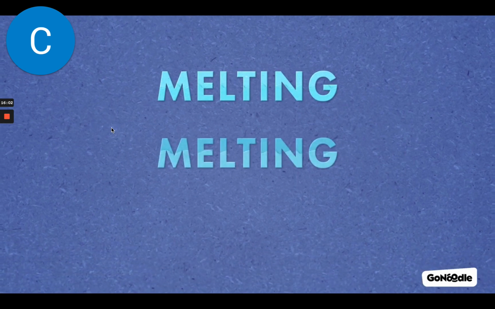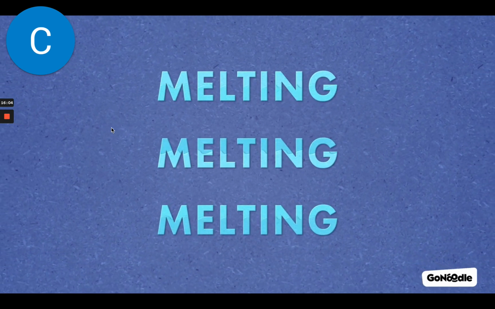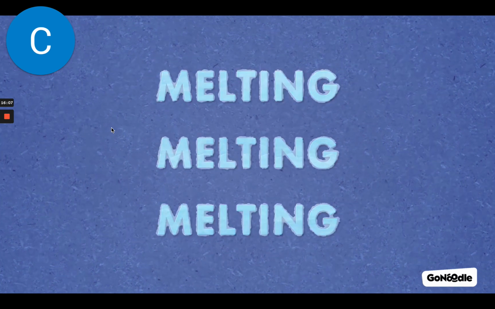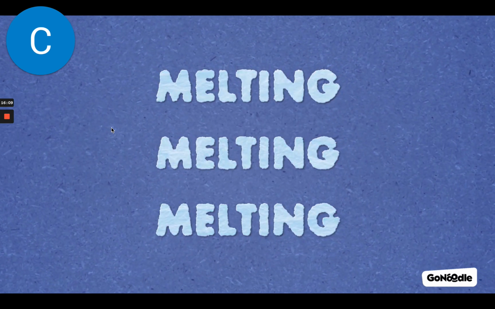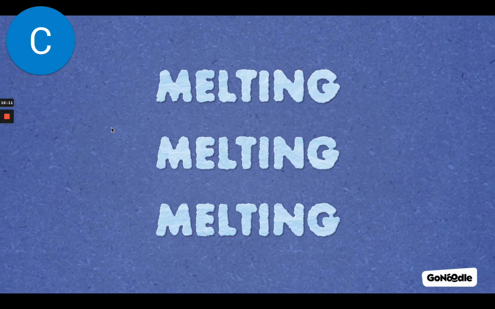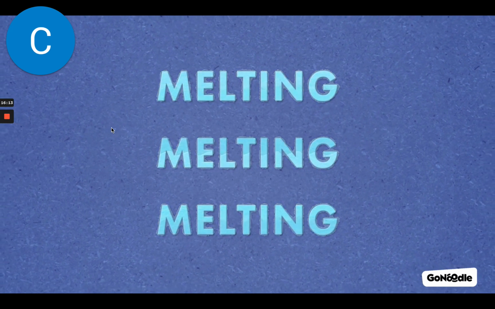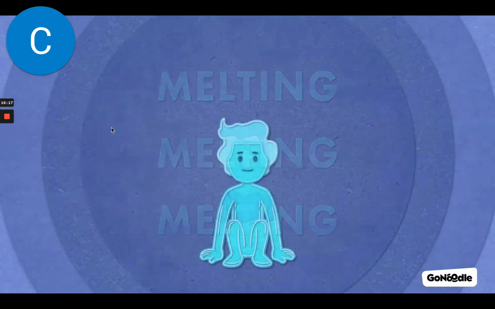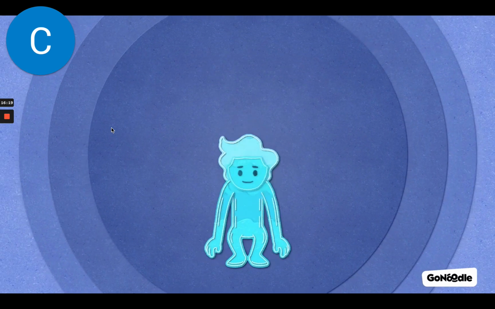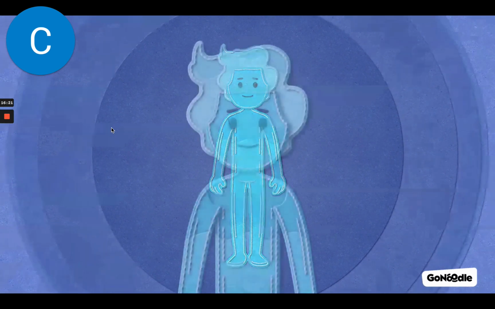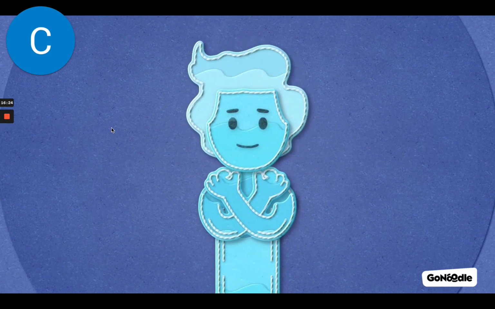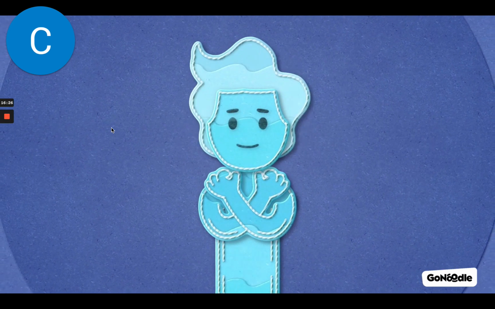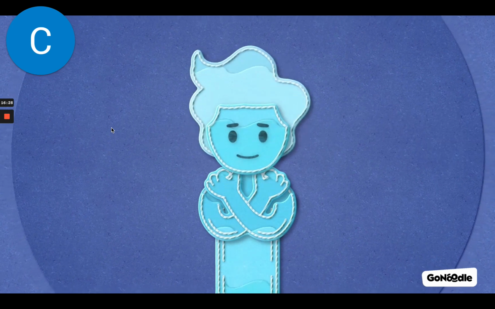Melting, melting, melting. We all have those moments when we freeze. We can't move. We can't think. But with practice, we can get good at melting that frozen feeling. Let's freeze up and then melt. Stand up in a spot with a little space around you. Cross your arms and hold your shoulders with your hands. Carefully tuck your chin down and in.